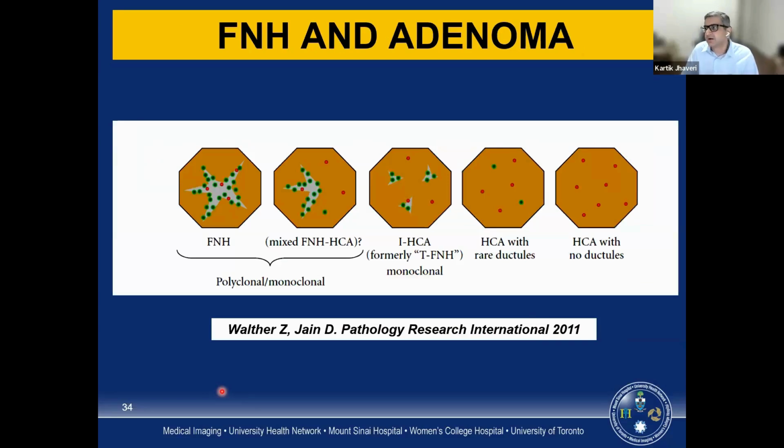So is this a problem with this contrast agent? And the answer is no, it's actually a problem with the spectrum of the lesions. While we distinguish FNH and adenomas as 2 distinct entities at a molecular level, these lesions are on a spectrum. On one end, you have FNH with those arterioles and bile ducts within the central scar. And on the other end, you have the hepatocellular adenoma with none of those bile ductules, but only these arterioles.